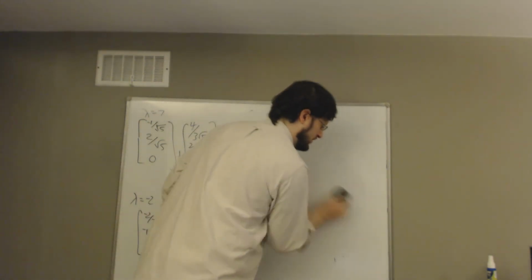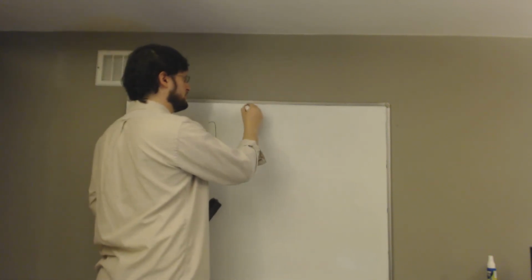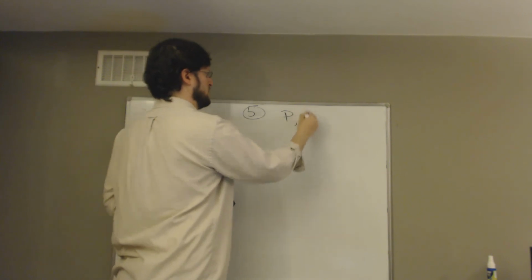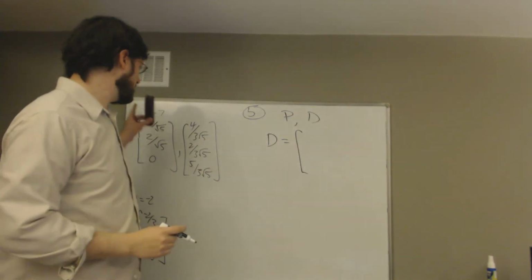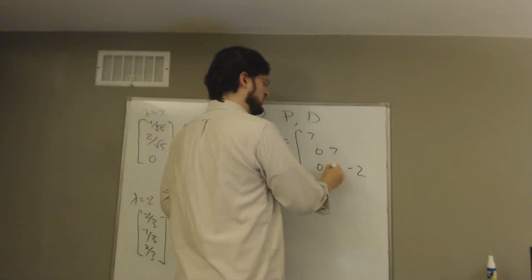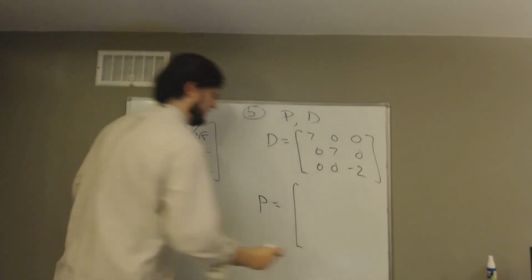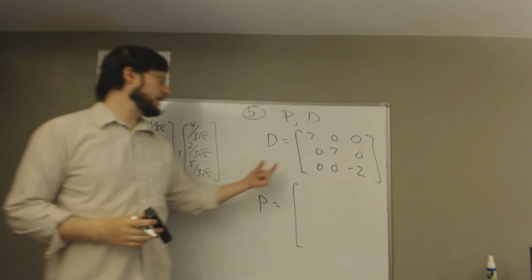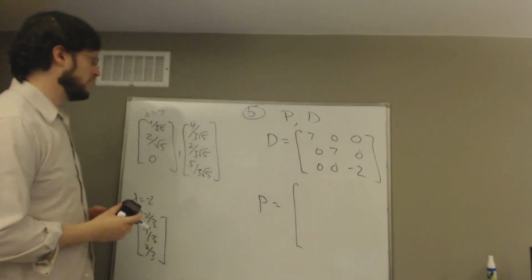So the final step in the process, create P and D. Remember that D is just a diagonal matrix created out of our eigenvalues. In this case, that's 7, 7, and minus 2. Everything else is 0. And P is the matrix where I just take my eigenvectors and put them right underneath the corresponding eigenvalue.